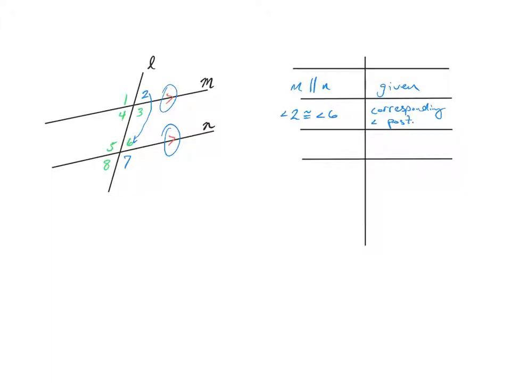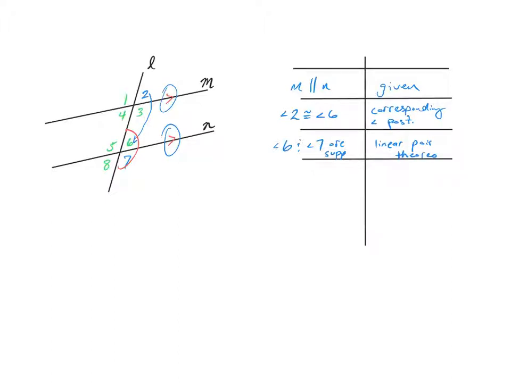Okay, and we also know that angle 6 and angle 7 form a linear pair. That means they're supplementary, because they are a linear pair. So I'll call that the linear pair theorem.